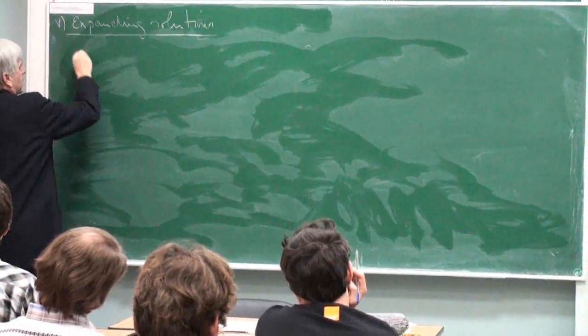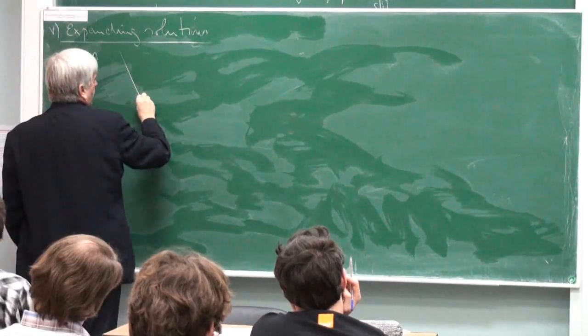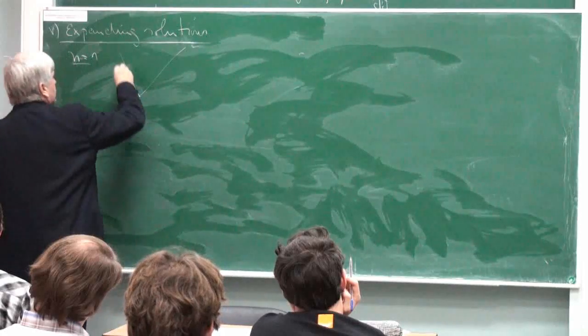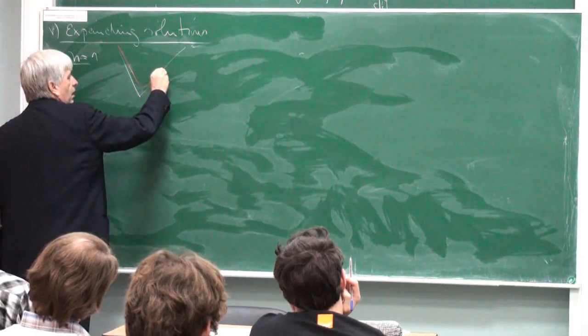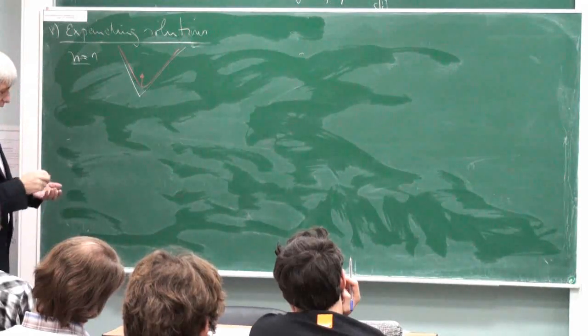And for n equals 1, you get one for every angle. If I have an angle here, then there is a solution which comes out of the angle and moves by homotheties coming out of this angle.